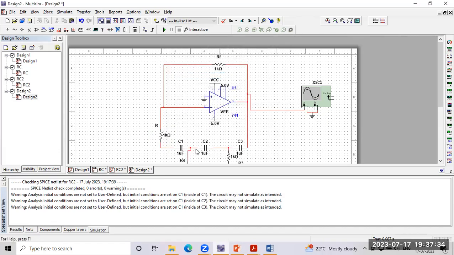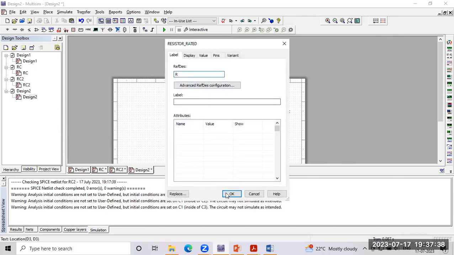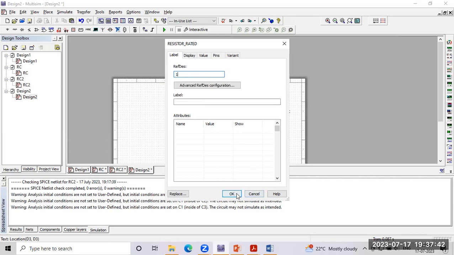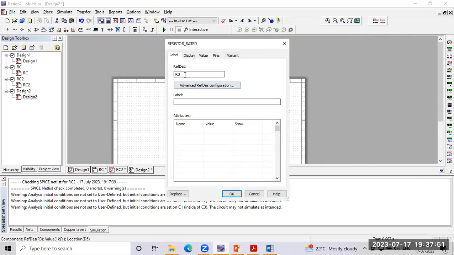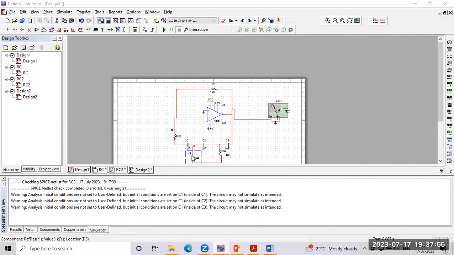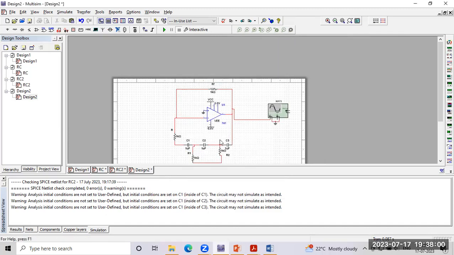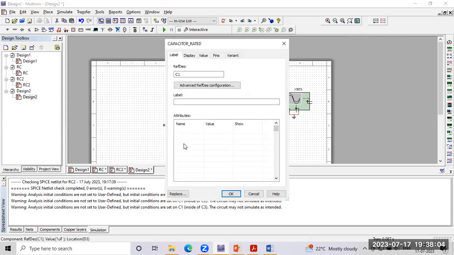This is nothing but another R. You can give any name. I'm going to use capital letters: R1, R2. This is nothing but C1, C2.